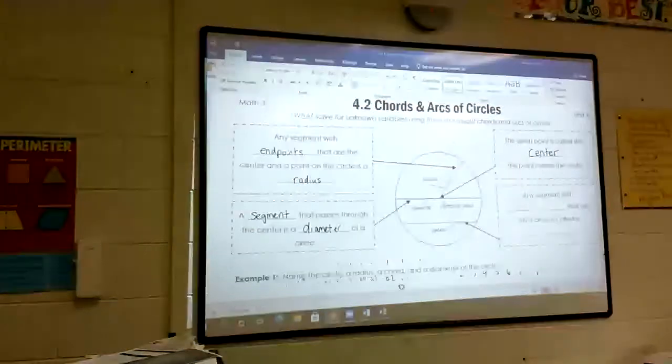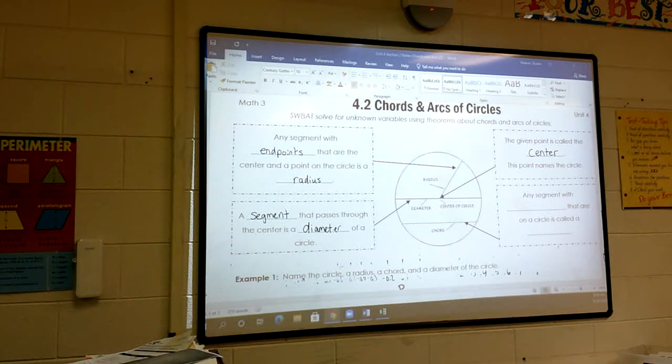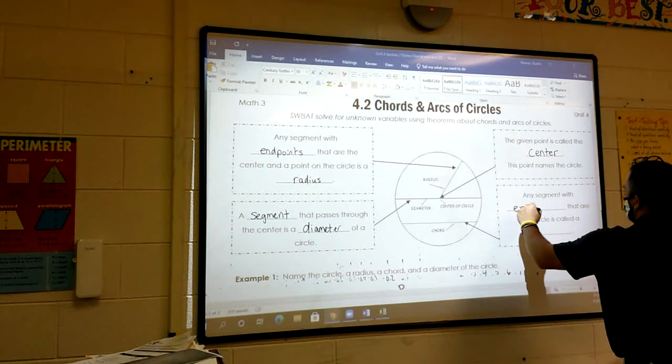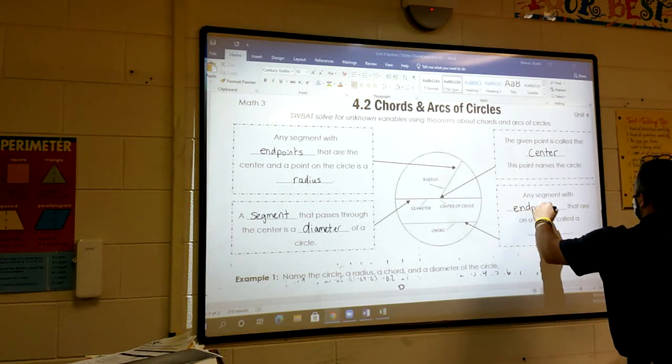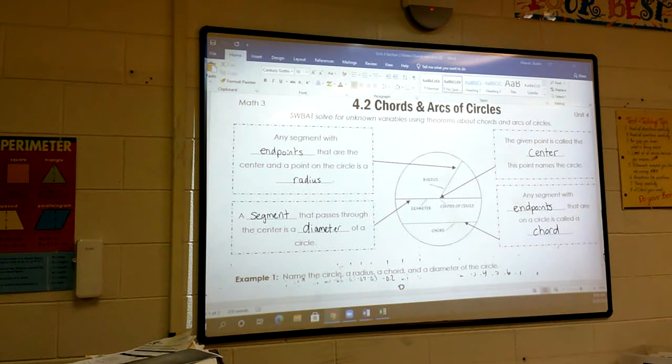Any segment with endpoints that are on the circle is called a chord. So a diameter is a special type of chord because it has endpoints on both sides of the circle, but the diameter goes through the center. A chord does not have to go through the center. You're going to see some of those today.